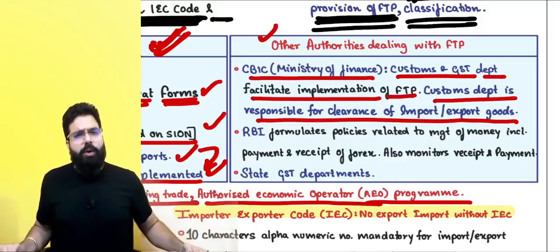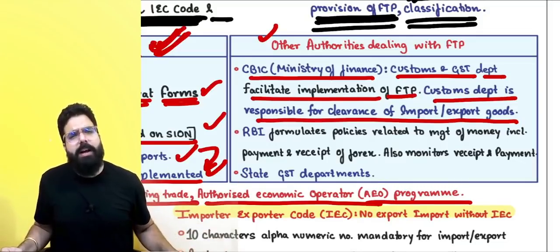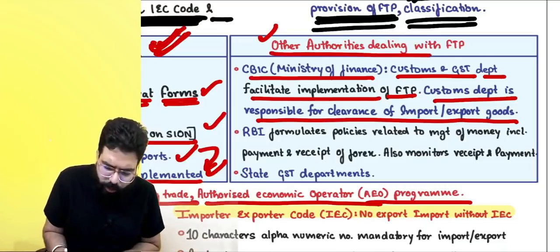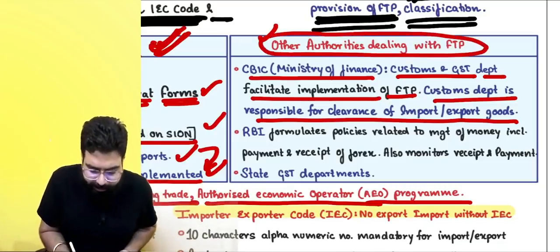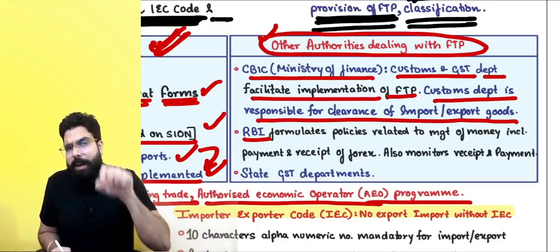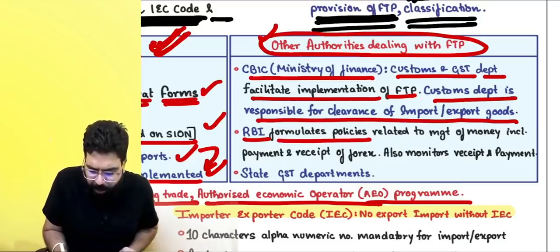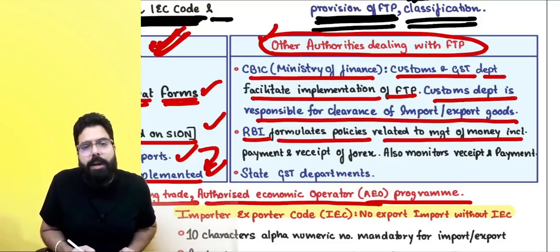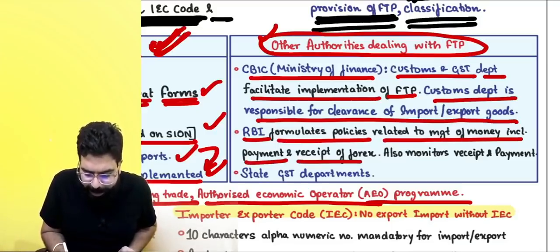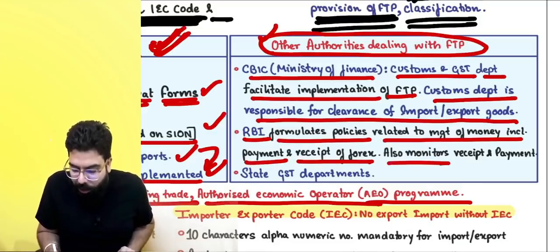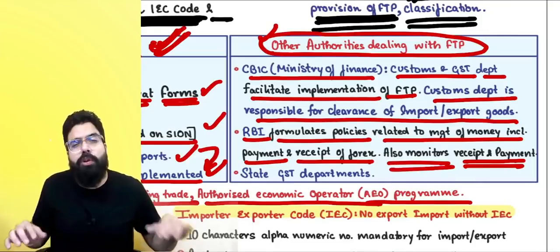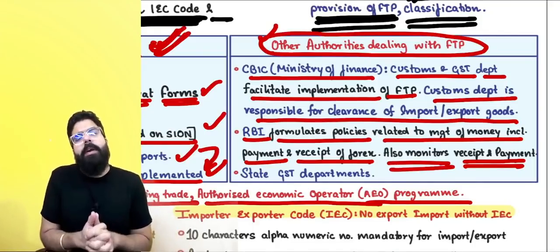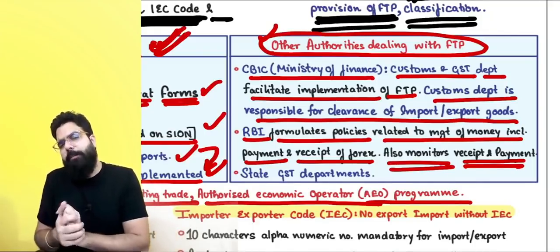So, sir, who is helping the other authorities who are dealing with foreign trade policy? Customs department is there, sir. Next, sir, RBI is there. RBI formulates policy related to management of money, including payment and receipt of foreign exchange. It also monitors receipts and payments. RBI is also going in and helping in the foreign trade policy implementation.